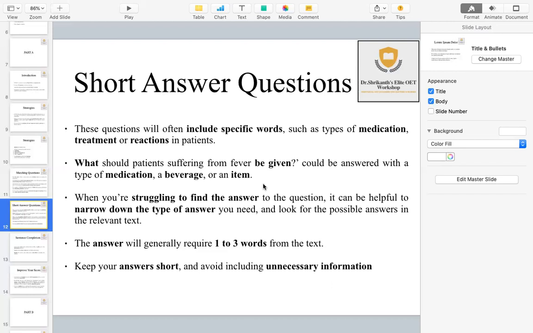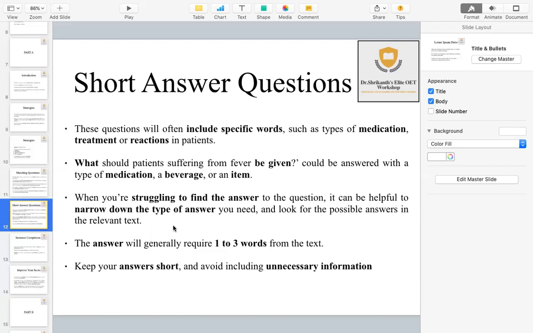And if you're struggling, unfortunately, there are some questions, some may be quite easy to answer, but some may take some time to get the hang of it. And if you're struggling to find the answer to the question, try to figure out what type of answer you need and look for possible answers in the relevant text. So as I mentioned before, in short answer type questions, everything is about specificity.